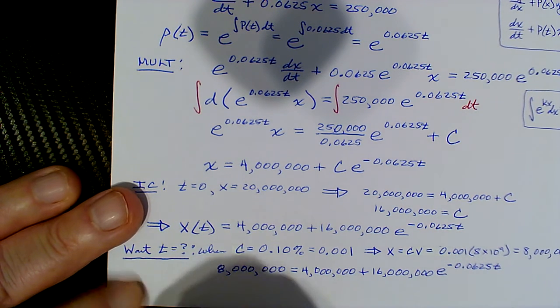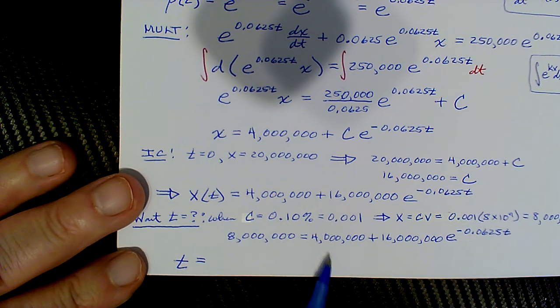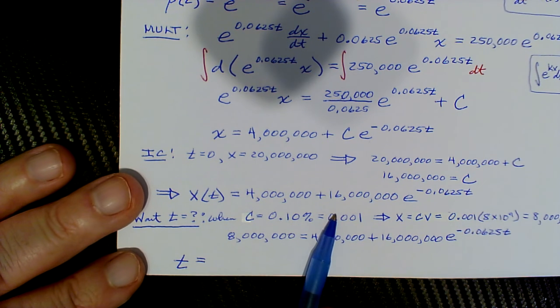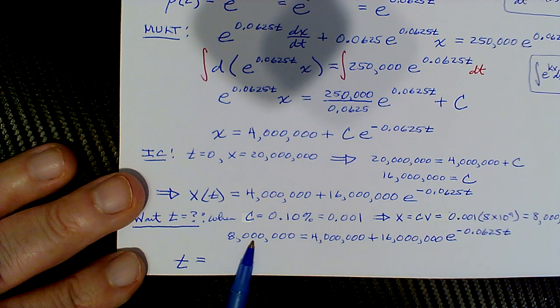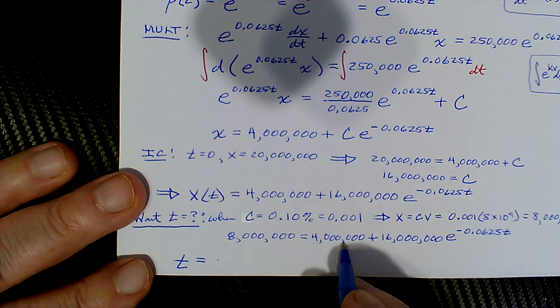And now we want to solve for t. We've done this more than a few times, so let's think of the process. First, we're going to subtract 4 million from both sides, so we'll get 4 million.